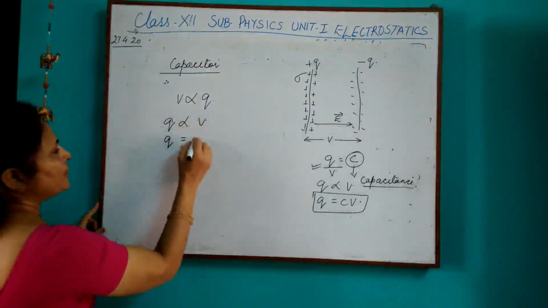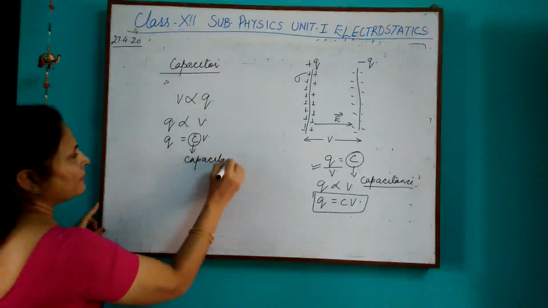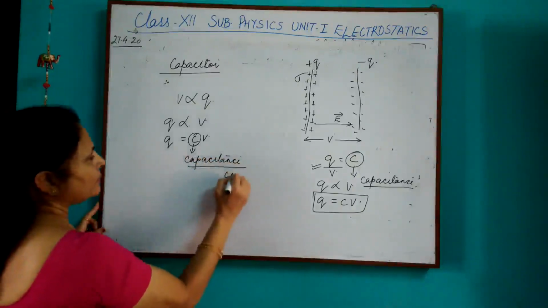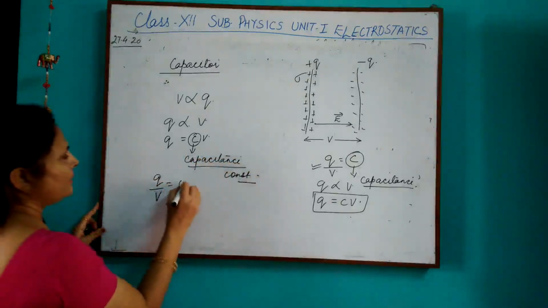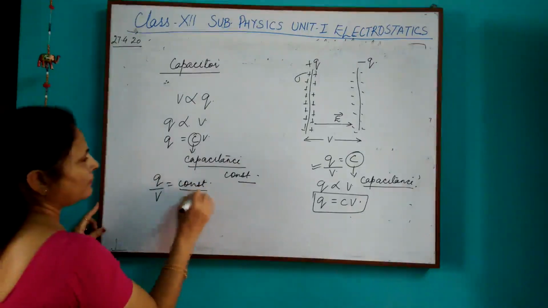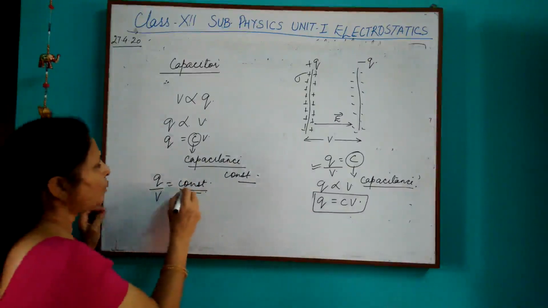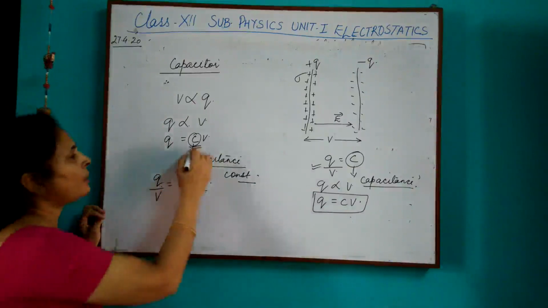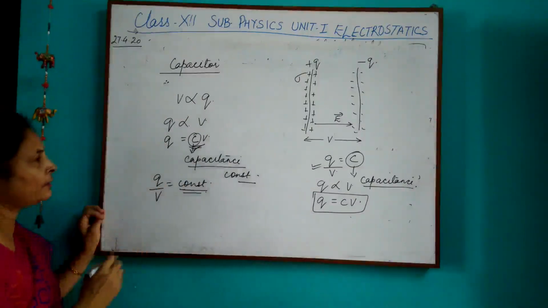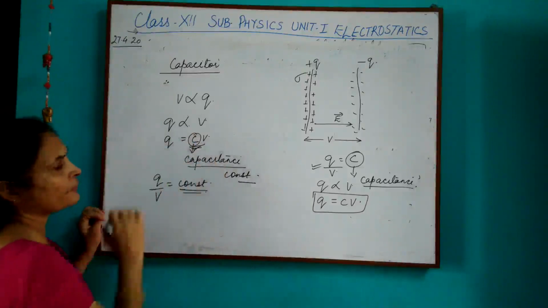When you remove the proportionality sign, you get a constant. Here it will be C, and C is known as capacitance. Now since this is a constant, that means the ratio Q by V will be constant. What is the unit of capacitance and how do we define it? Now the definition can be done from the expression itself.